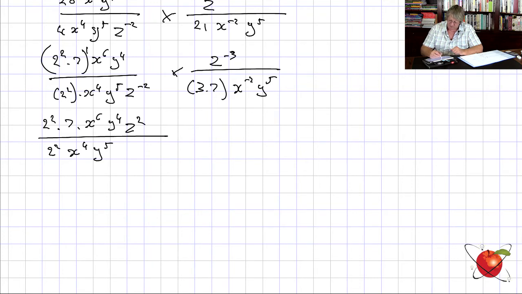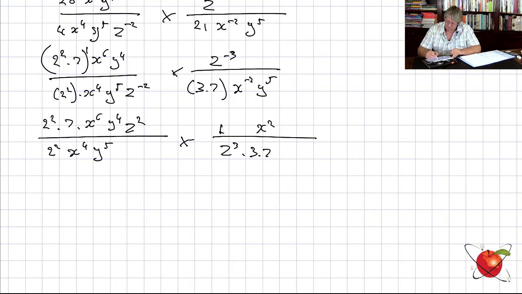Z squared goes up. Multiplied by z minus 3, z cubed goes down. Okay, and on top, that's everything. Now I carry on. 3 and a 7, correct? X minus 2 goes x squared, y 5 stays there. All right?